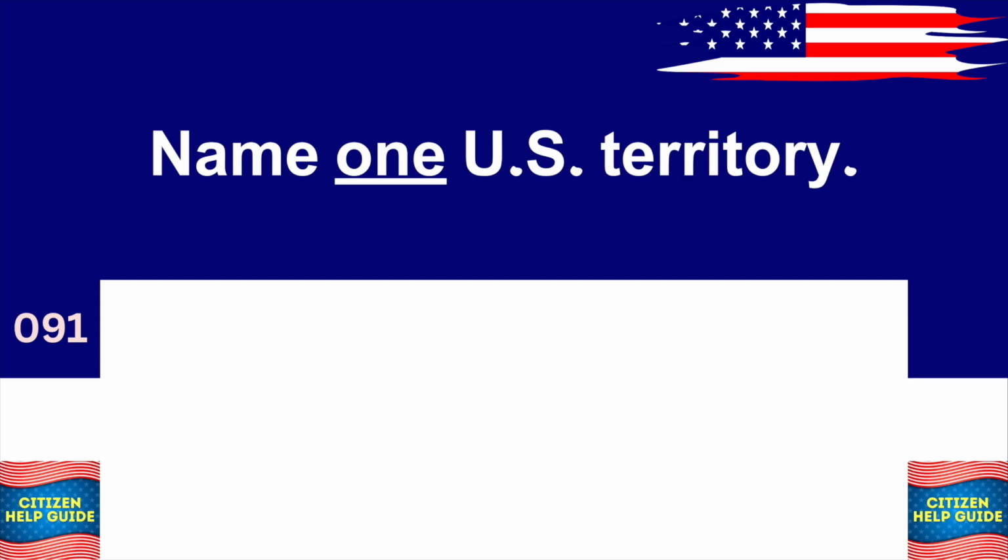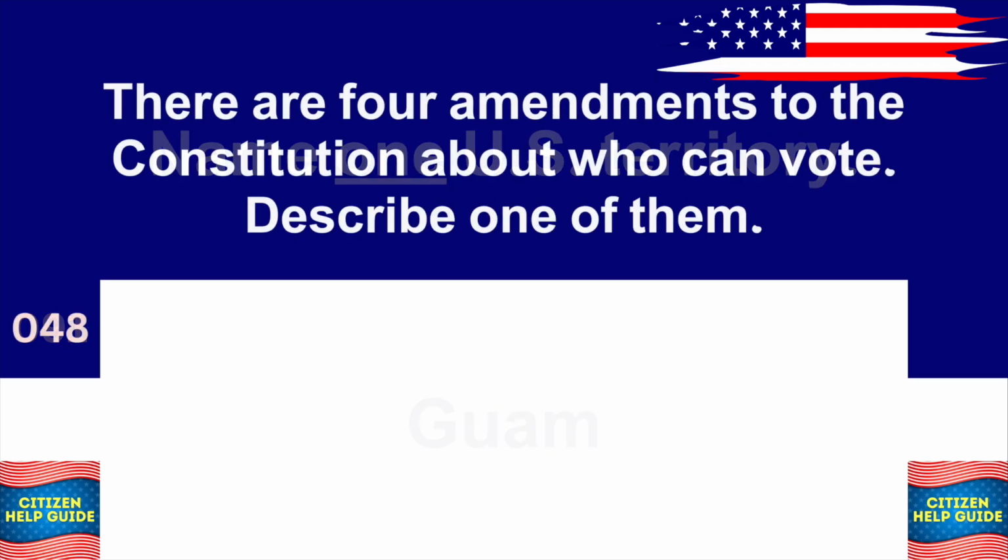Name one U.S. territory. Guam. There are 4 amendments to the Constitution about who can vote. Describe one of them.